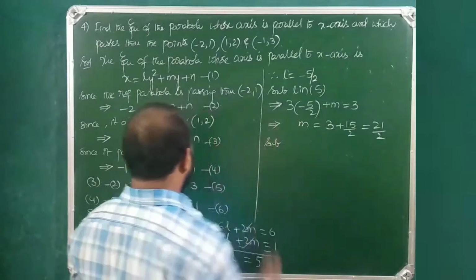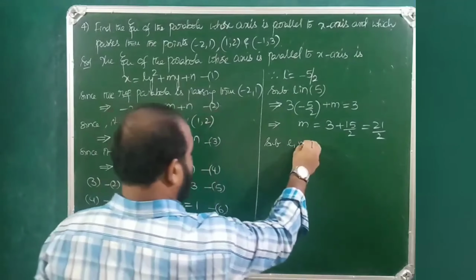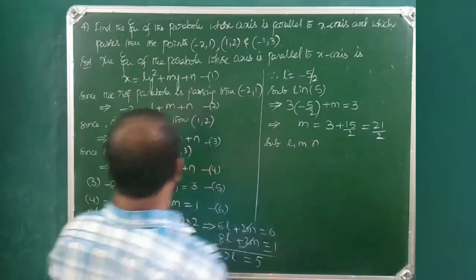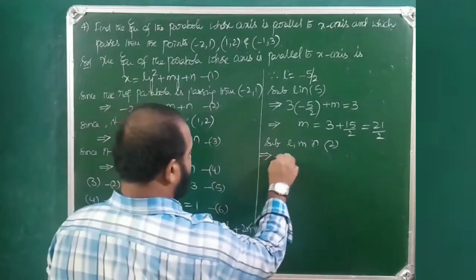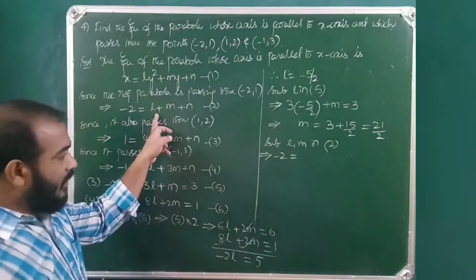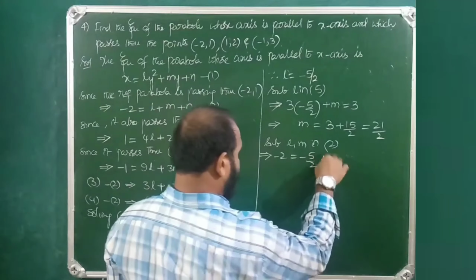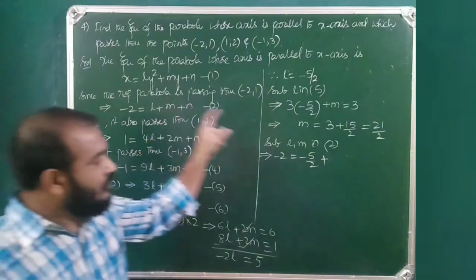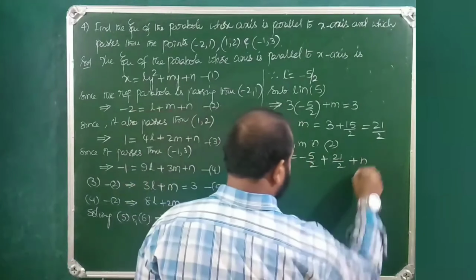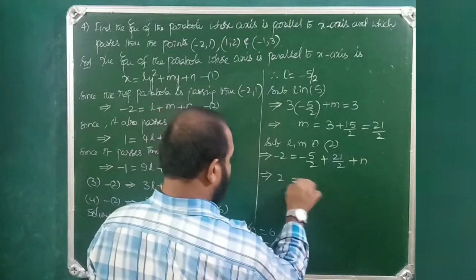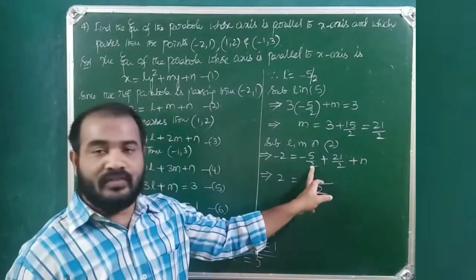Substituting L comma M in the second equation. Then minus 2 is equal to the value of L, which is minus 5 by 2, plus the value of M, which is 21 by 2, plus N. This is minus 2 is equal to, this is LCM 2, 21 minus 5 is 16.